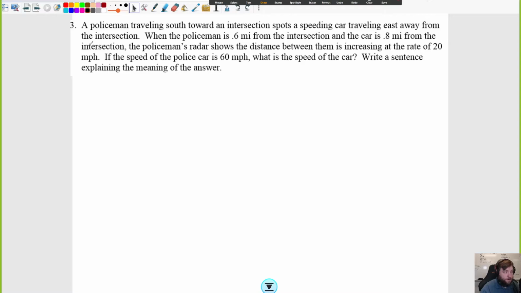All right. So if you got a problem like this, sometimes you need a good imagination. What's going on? So towards an intersection, let's draw an intersection here. Intersections are going to be like two roads. Imagine these are two roads, and the intersection's right there in the middle.